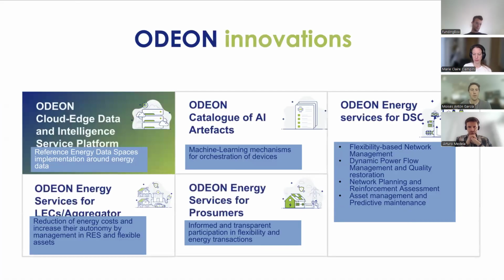Consequently, all of these goals are translated mainly into five main innovations. ODEON's environment is fulfilled by these five innovations. The first one is the ODEON Cloud Edge Data and Intelligence Service Platform, which is used as a reference energy data space that helps with data controllability and data management.